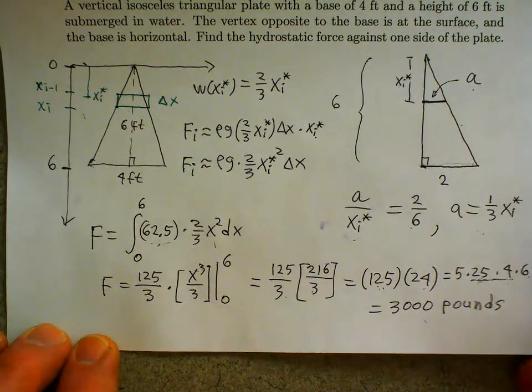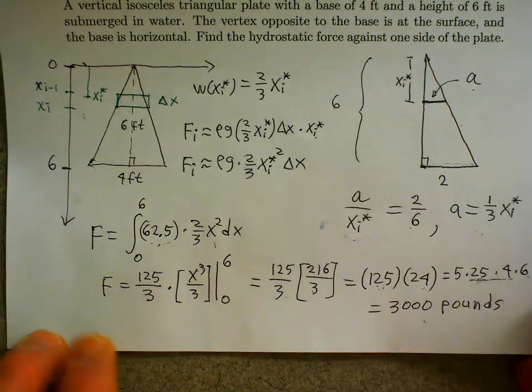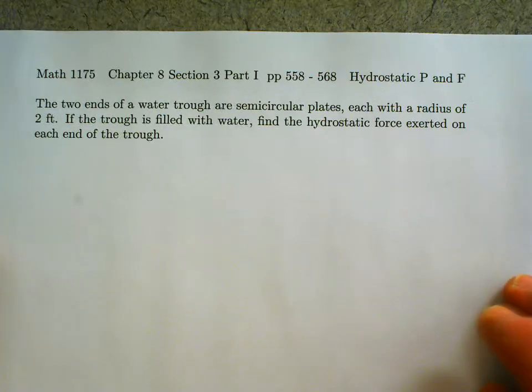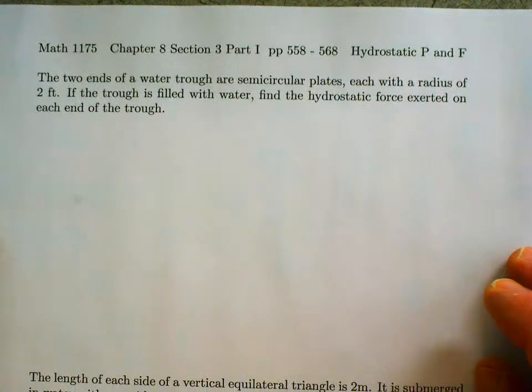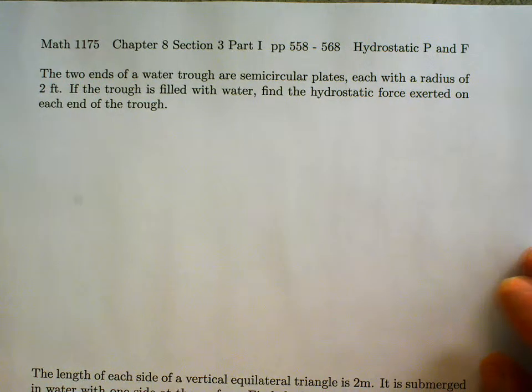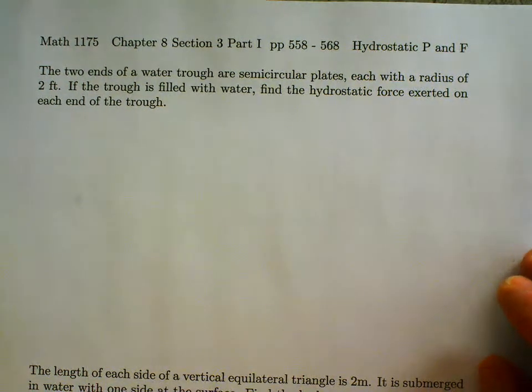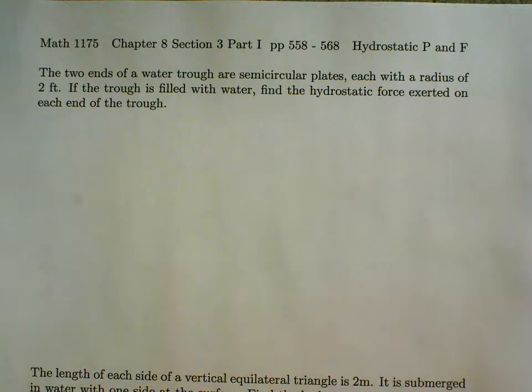Okay, let's move on to the next example. Two ends of a water trough are semicircular plates, each with a radius of 2 feet.